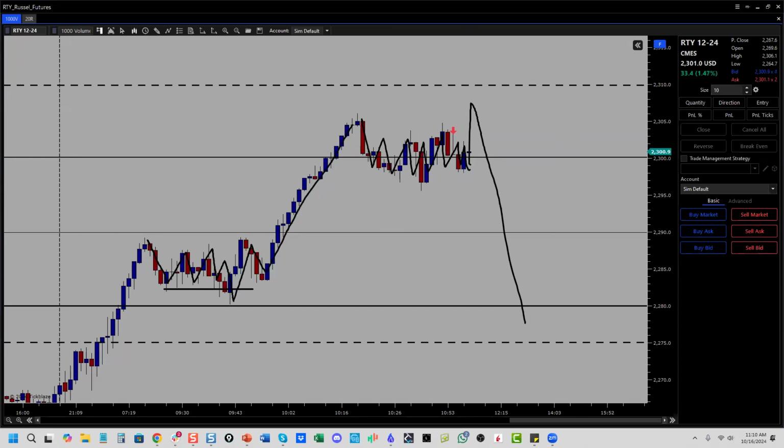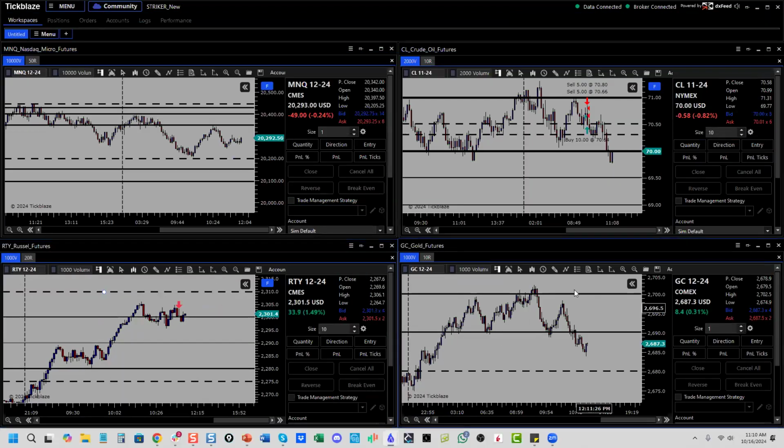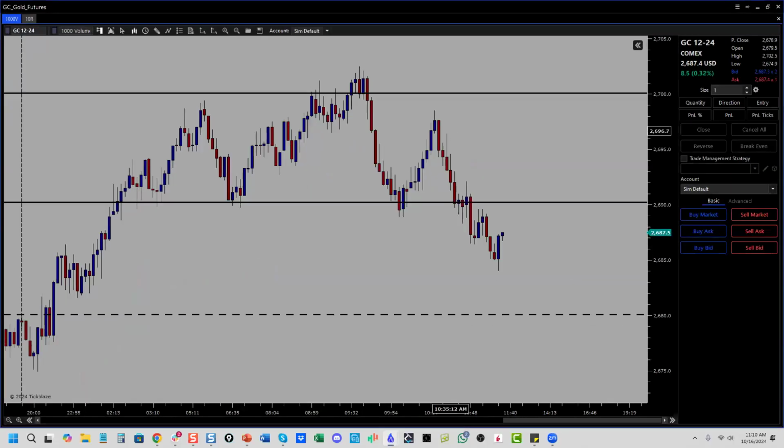Let's go to gold. Yeah, I'm shorting this at this level. Yes, absolutely. Same thing with here. You get the reaction, which was a clean trade. It held. Build, build, build. Spike, drop.